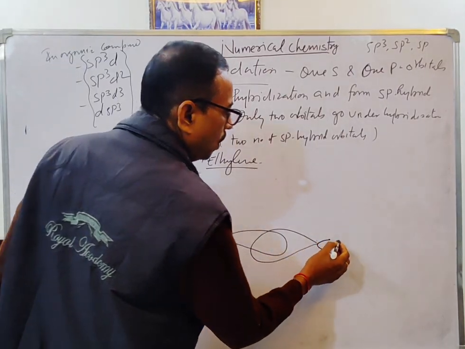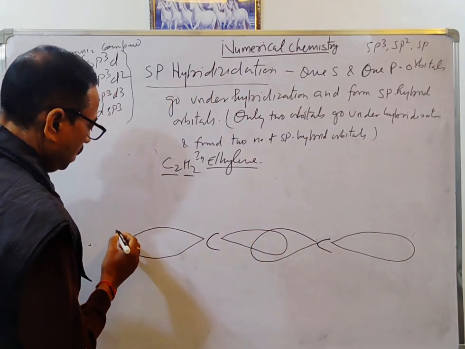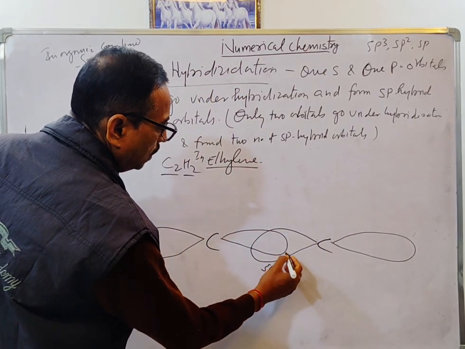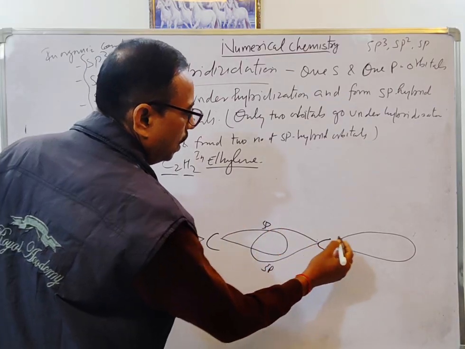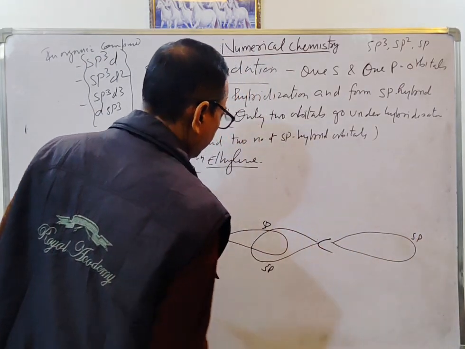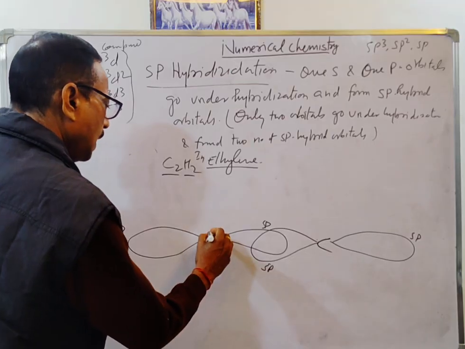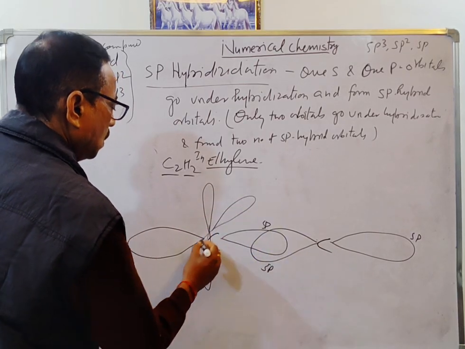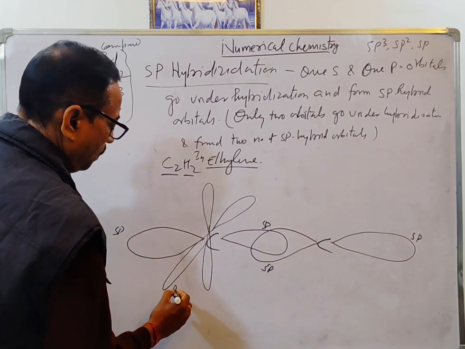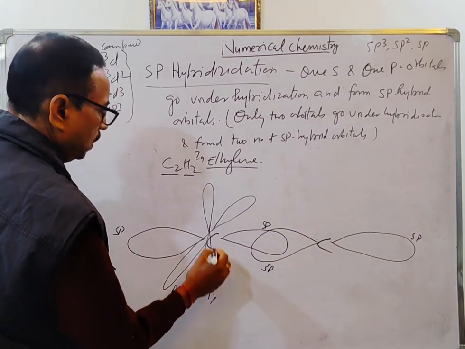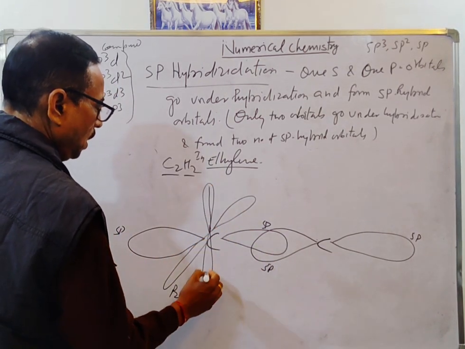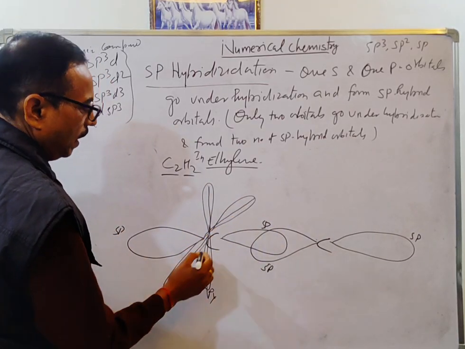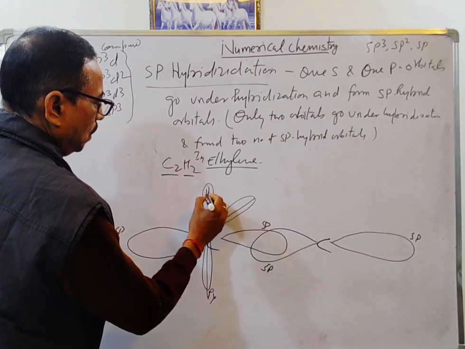This is sp hybrid, this is sp hybrid, this also is sp hybrid, and this is sp hybrid. And there are two unhybrid orbitals. This is pz, this is py, and this is symmetrical type. This has a single electron.